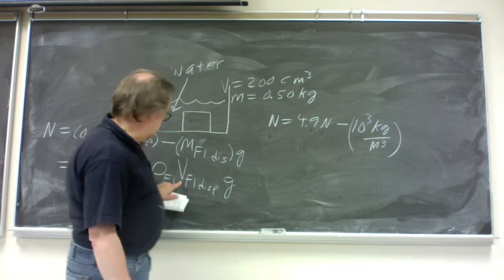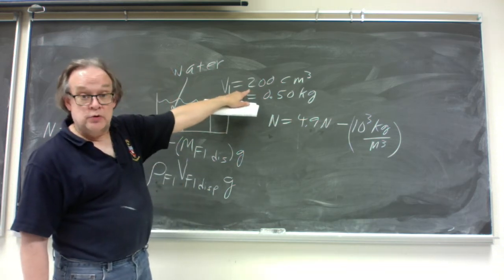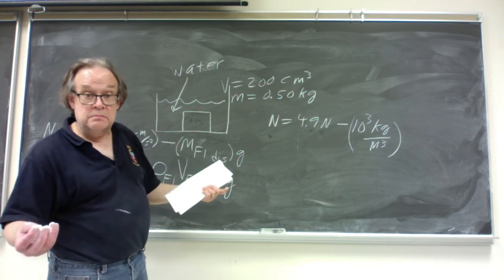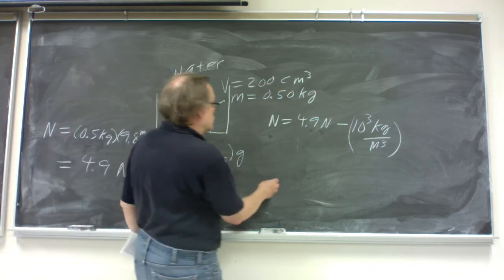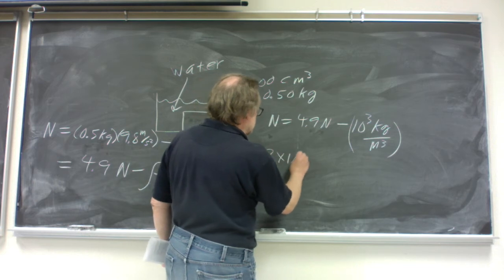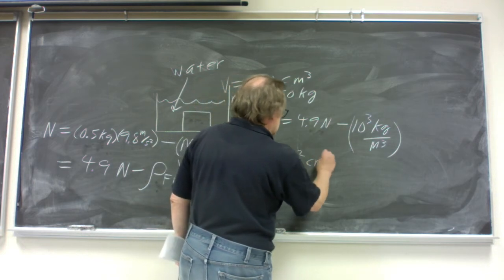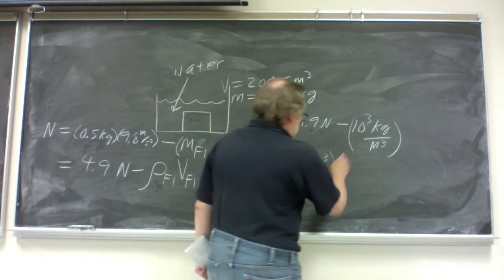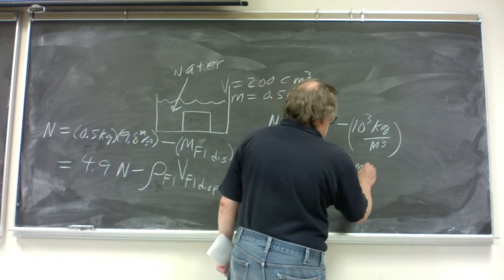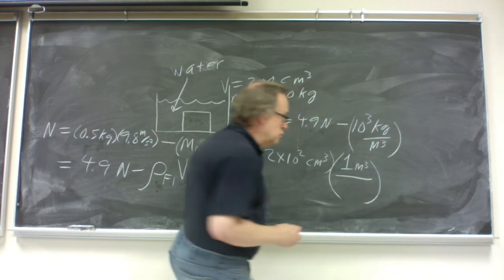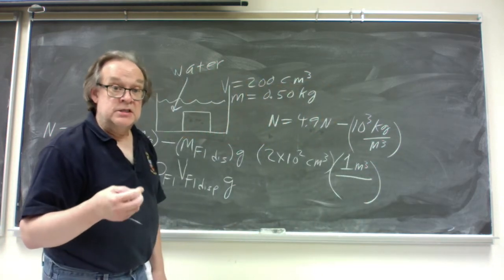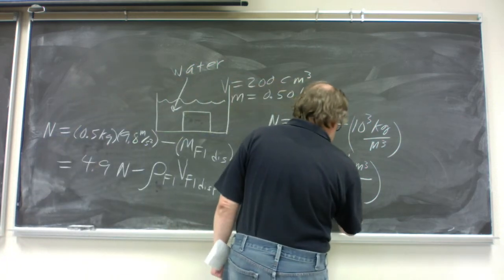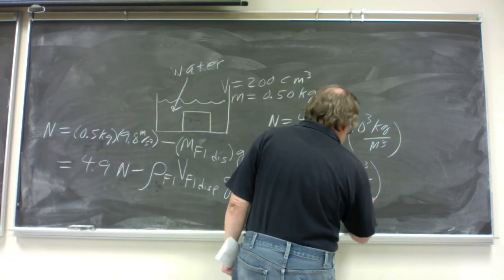So next term then is the volume, which is 200 cubic centimeters. We have to convert that to cubic meters. So 200 cubic centimeters, or write it as 2 times 10 to the 2 cubic centimeters. We'll convert that to cubic meters, and the conversion is that 1 cubic meter is equal to 10 to the 6th cubic centimeters.